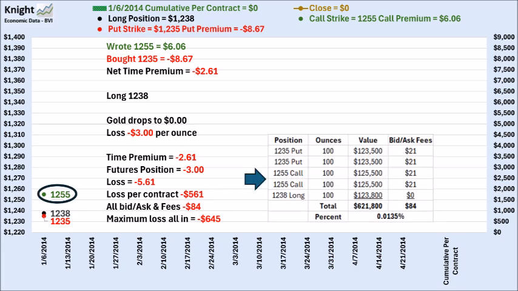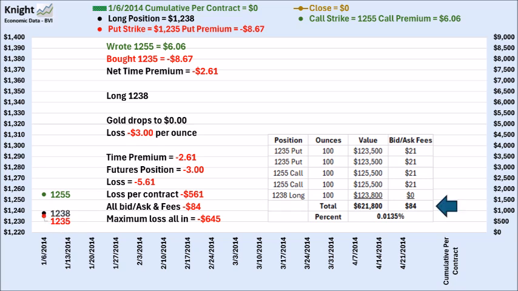plus all costs, which include bid-ask spreads, brokerage, exchange, carrying cost, and regulatory fees, to establish and liquidate the 1255 call, which controlled one 100-ounce contract of gold worth $125,500, the 1235 put, which controlled one 100-ounce contract value $123,500, and to deliver our 1238 long position value $123,800 to our 1235 put at a position value of $123,500.